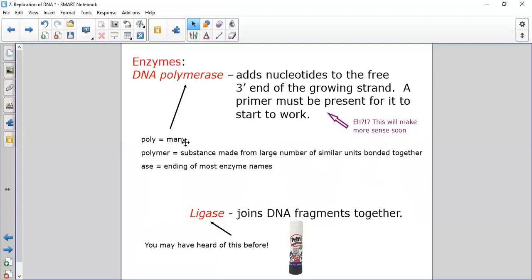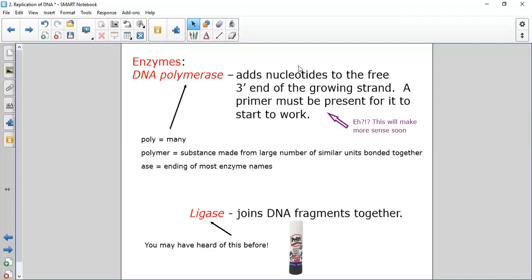If you do chemistry, you'll come across that quite a lot. A polymer is a substance made from lots of repeated units joined together. And you know that ase is the ending for most enzyme names. So DNA polymerase, something to do with DNA, lots of things getting joined together, and it's an enzyme.